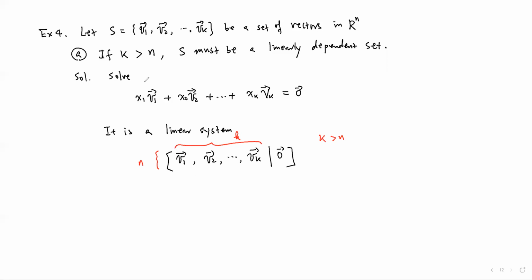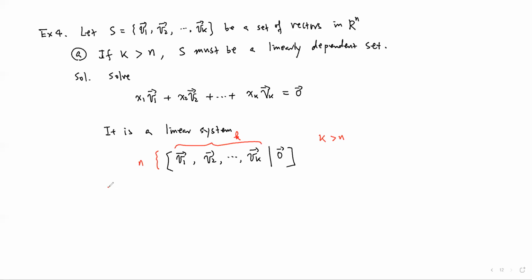This linear system is an underdetermined linear system. The number of equations is less than the number of unknowns. So if you reduce the augmented matrix, you will see there must be at least one free variable.